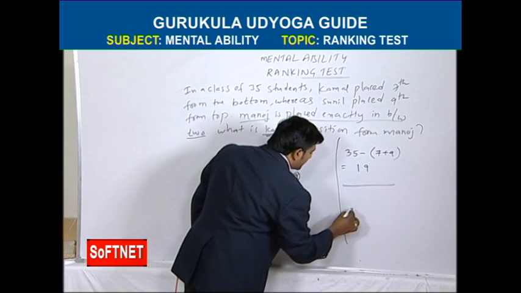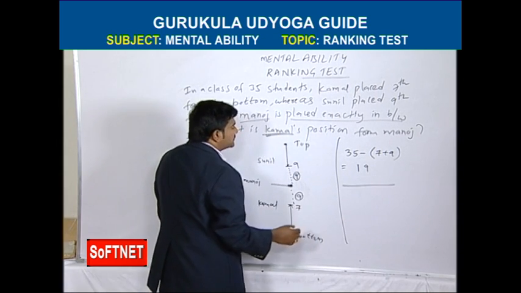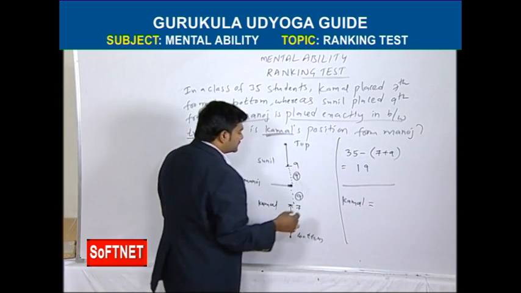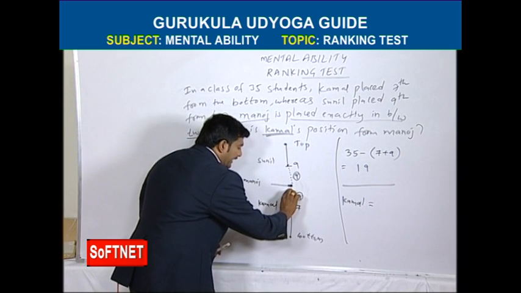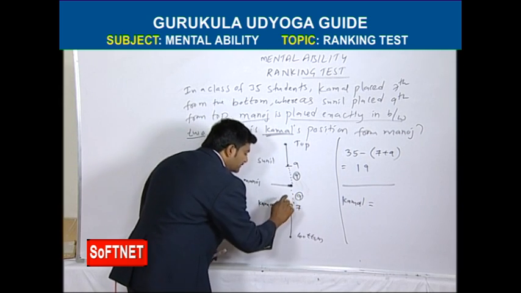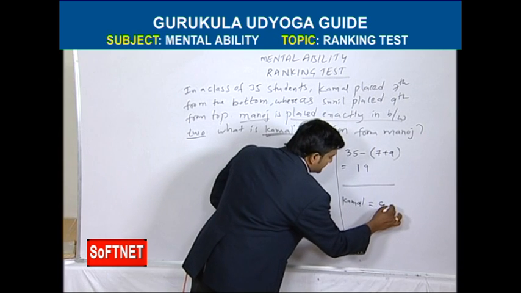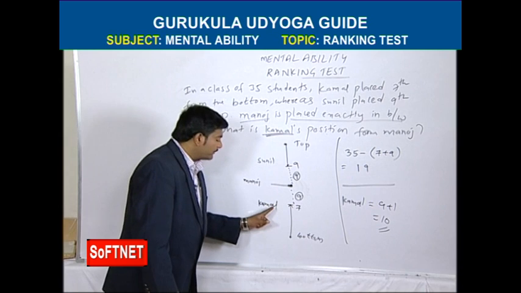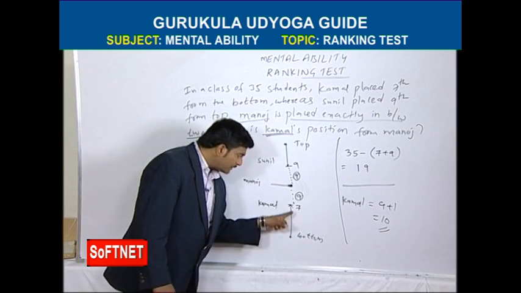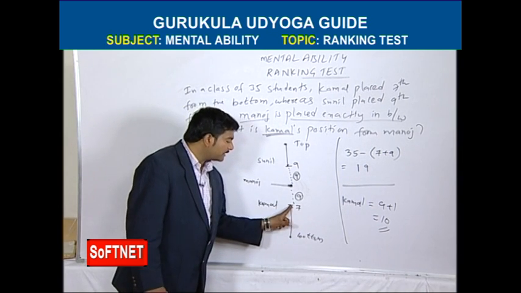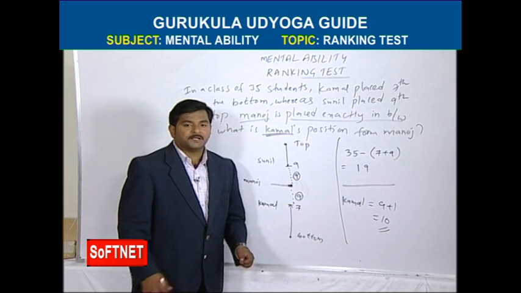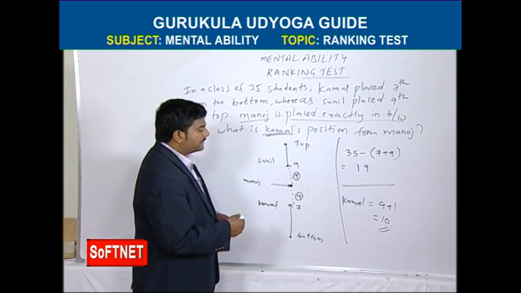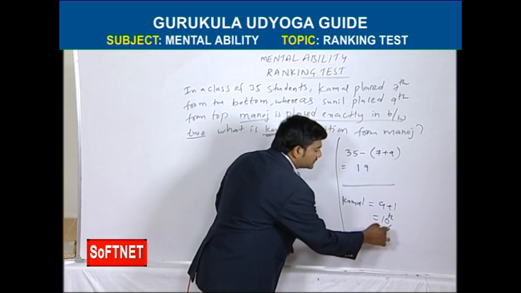He asked to find Kamal's position from Manoj, so here there are 9 students plus Kamal. Total how many are there? 10 students are there. So the position of Kamal from Manoj is 10. Hence 10th position will be the answer.